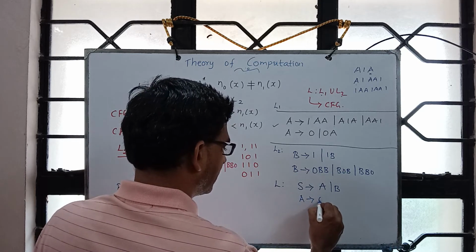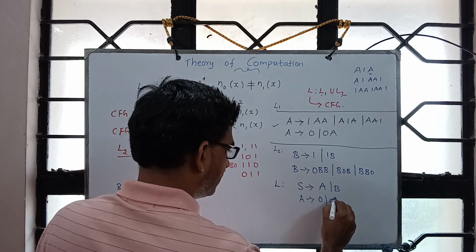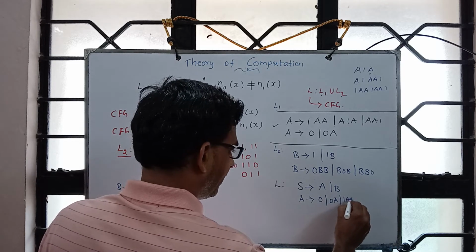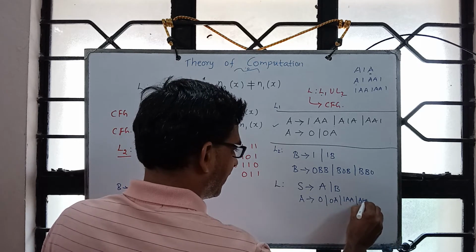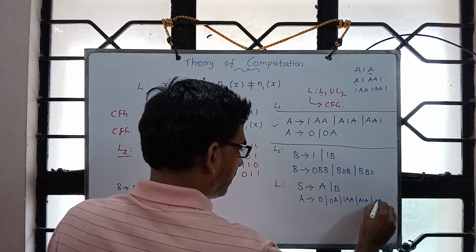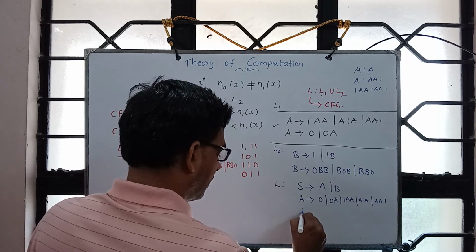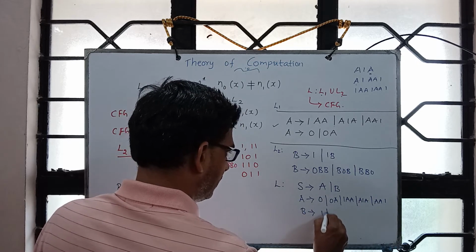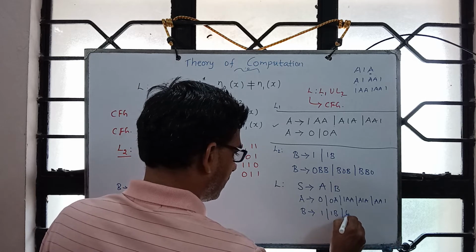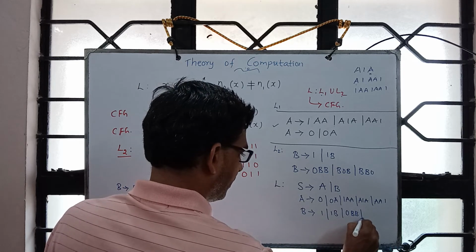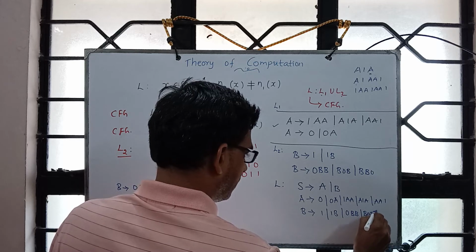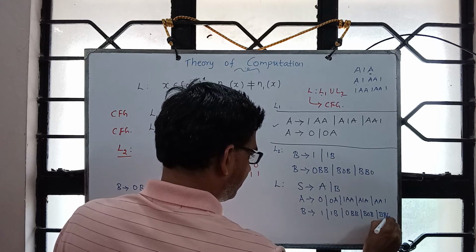A implies 0 or 0A or 1AA or A1A or AA1. And B implies 1 or 1B or 0BB or B0B or BB0.